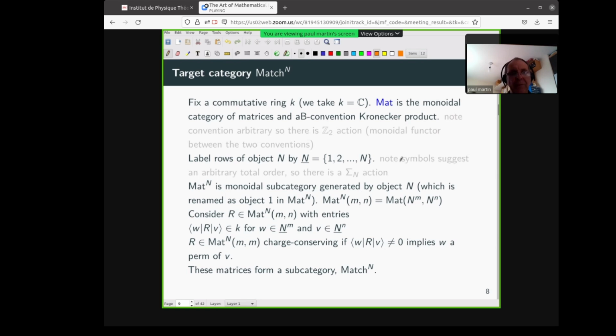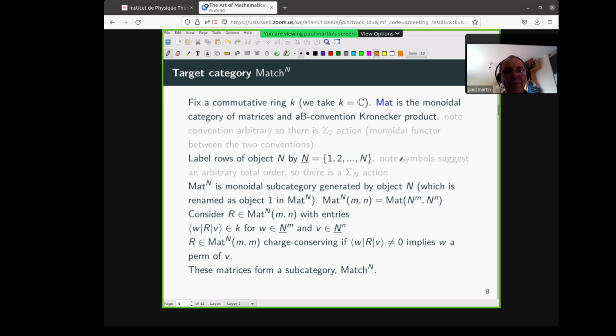And if you're with me, you can see that the subcategory generated by a particular object n will just be all the matrices whose row and column sizes are powers of that capital N. This is very much not rocket science, just organization. I'm going to rename that generating object n as 1 in mat n, and then the monoidal composition on objects becomes addition, just because it's the power, right?